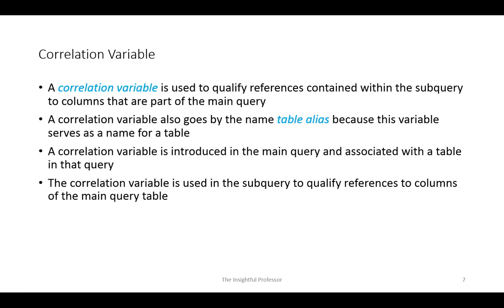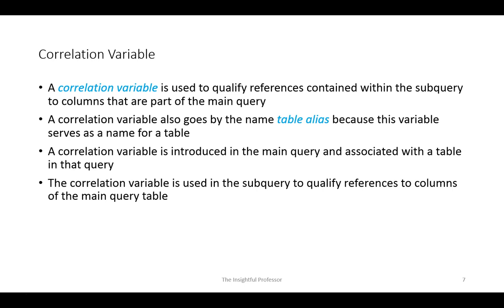A correlation variable is used with a correlated subquery. This correlation variable could be explicitly declared within the main query. It is used to identify the current row within the main query, which will then establish the context for execution of the subquery.